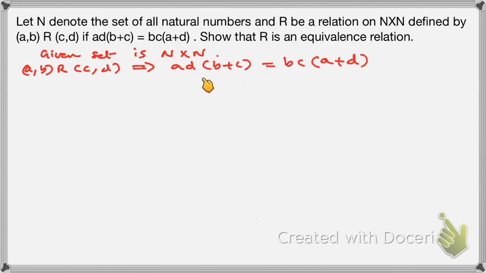But I think I always find that this is going to be very confusing if you just try to follow just the letters. You should be able to say this relation in words. Now, how do I convert this into words? When I look at this ad, I realize that it is the product of the first term with the last term multiplied with b + c, which is the middle terms.